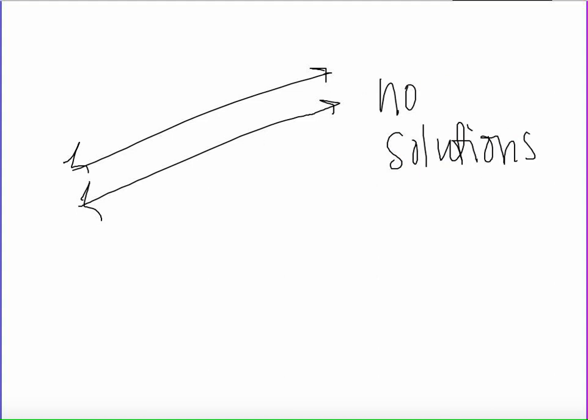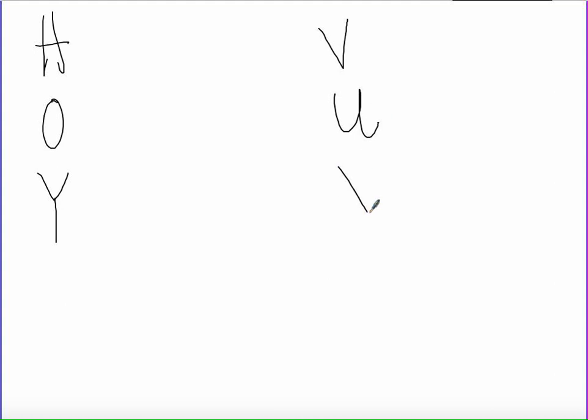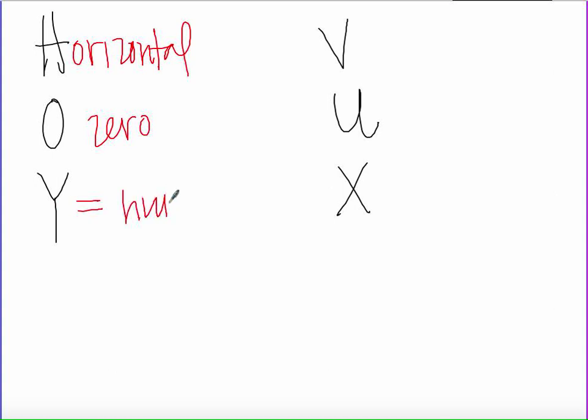Some other special case things that we talked about were vertical versus horizontal lines. I know that for my classes I talked to them about this little acronym, HOY-BUX, and I'll write it this way, HOYBUX. It's a way to remember the difference between horizontal and vertical lines. So horizontal lines have 0 slope and they come from y equals a number.